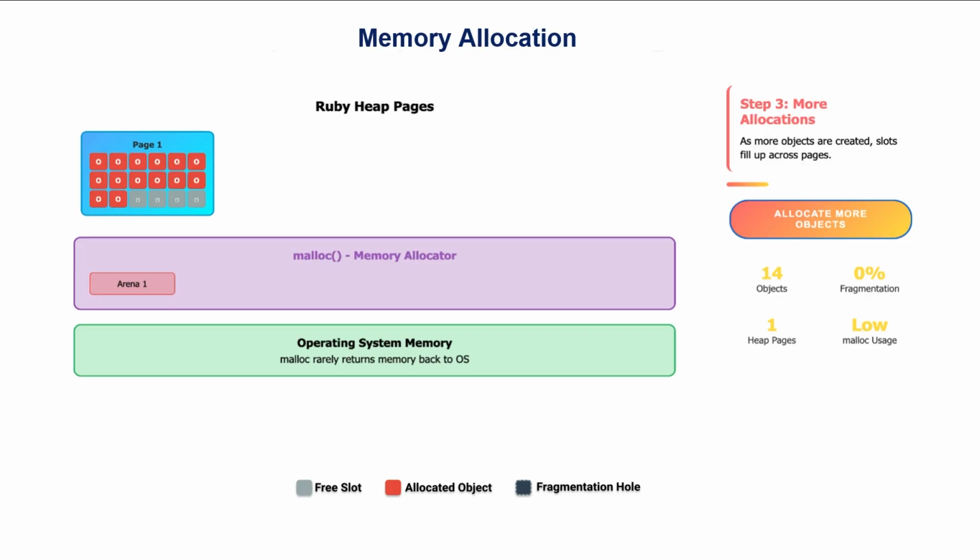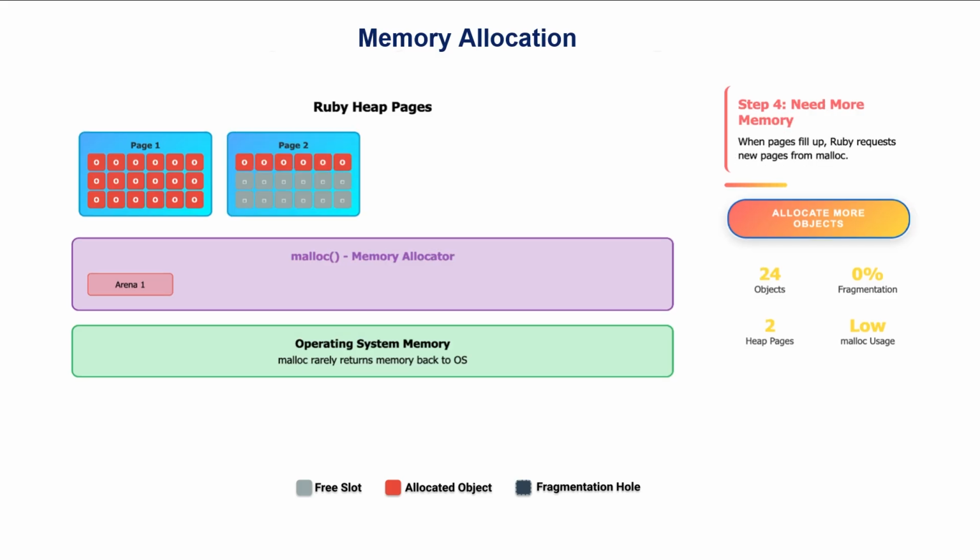Now, let's allocate more objects. Here we have allocated 14 objects, and we still have one page. Now, we wanted to allocate more objects, but the page was full, so it asked for another page. But Ruby does not directly communicate with the OS for getting the pages.